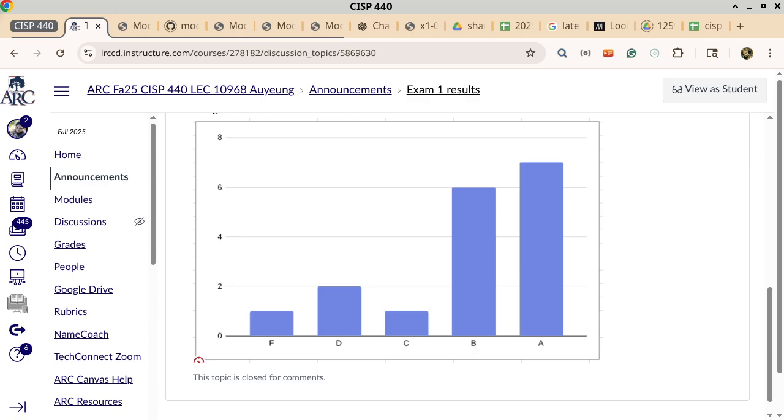Seven people after adjustment got A's, six people got B's, one person got a C, two people got D's, and one person got an F. That's it. Any questions about the distribution of the grades?